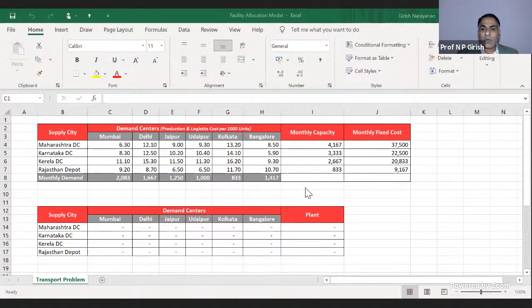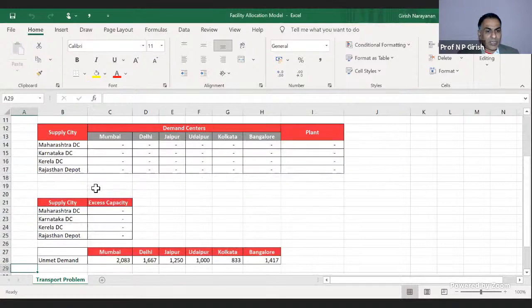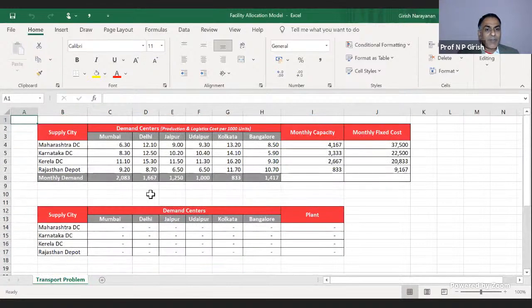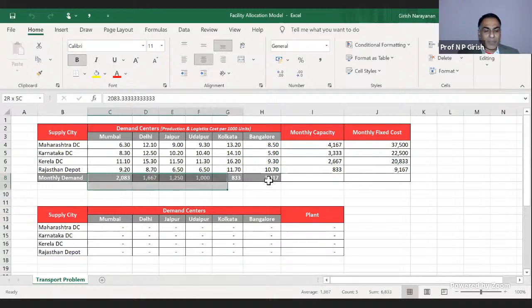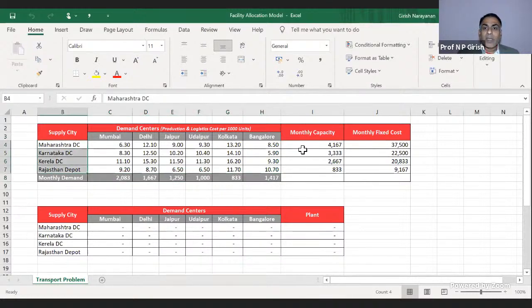All right. Now, the same situation. This is the same as network optimization, wherein you are deciding, these are all the demand centers. Demand center, quantity demanded. Supply center, capacity. When I talk about a supply capacity, I have fixed cost, capacity related cost.